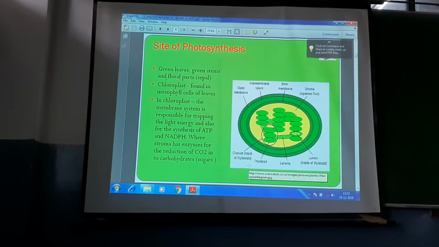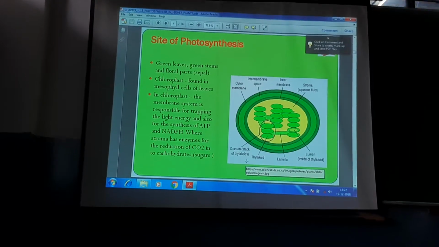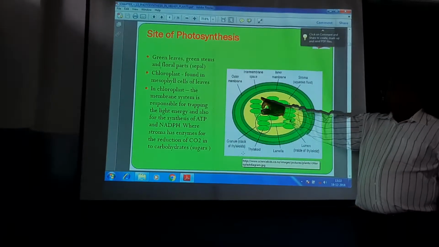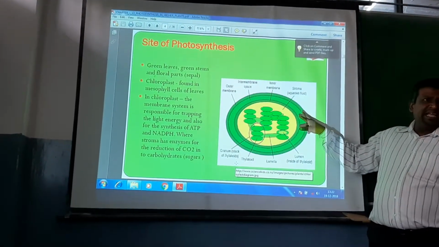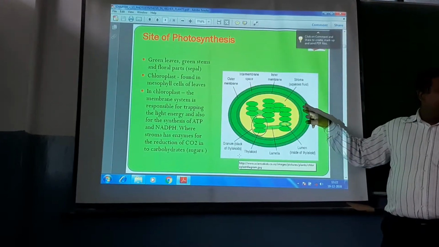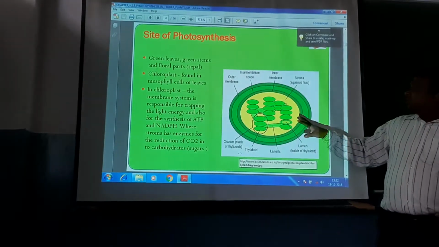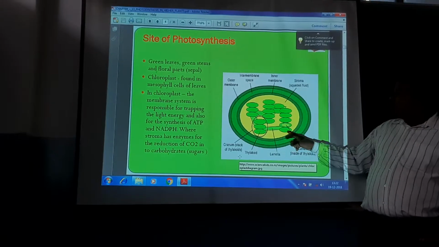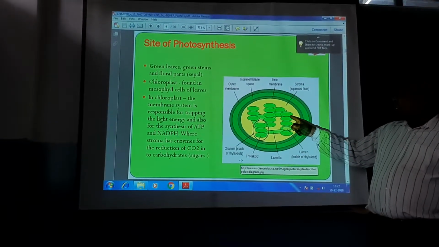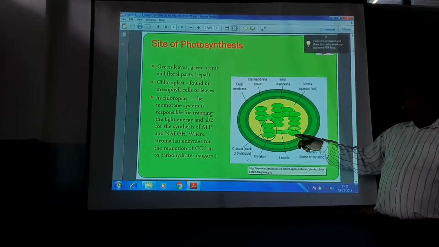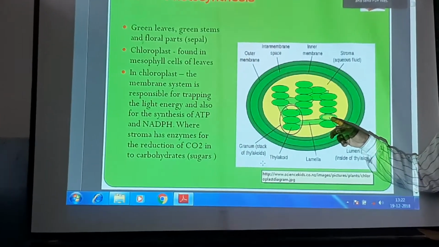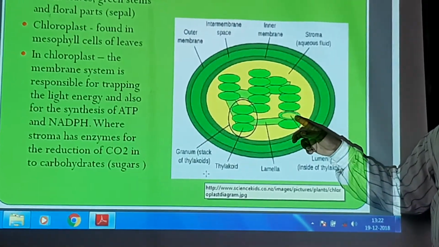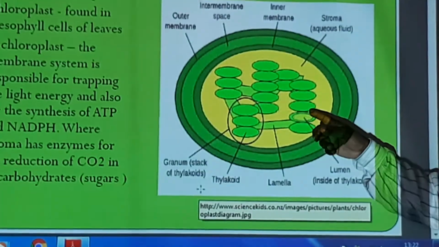Stroma lamellae or thread. If you look at this diagram, this space we call the stroma. Double membrane is there: the outermost membrane of the chloroplast and the innermost membrane. The space is filled with stroma. Now the thylakoids are arranged like coin-like structures. Each thylakoid will have photosystem 1 and photosystem 2, which we'll discuss later.